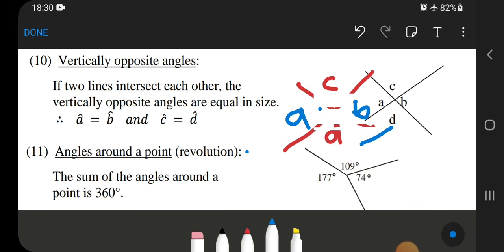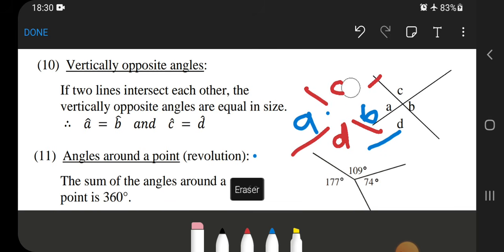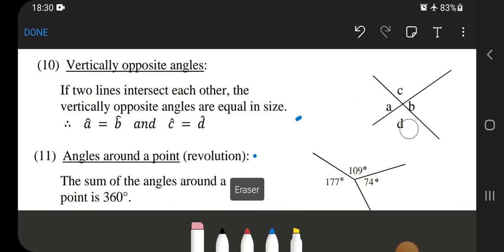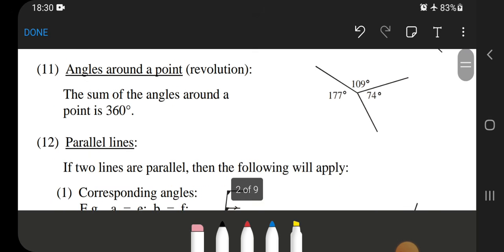We find them a lot in rhombuses and parallelograms, and also in squares. Those angles are vertically opposite. You'll find them everywhere. Always be aware of vertically opposite angles.